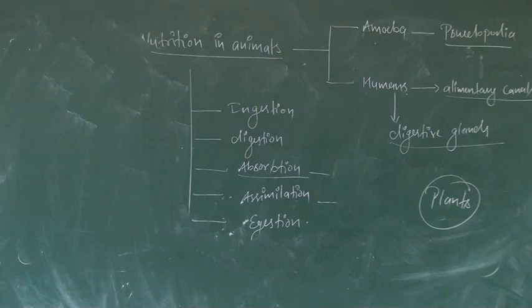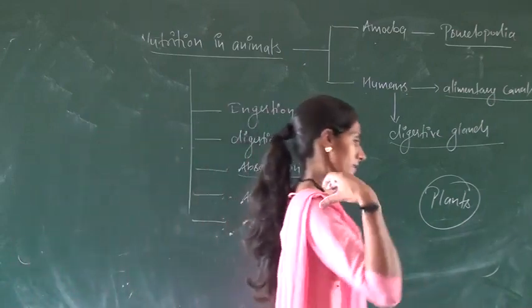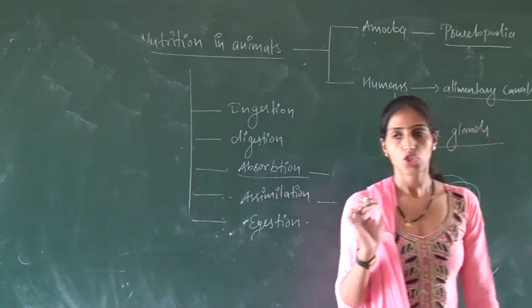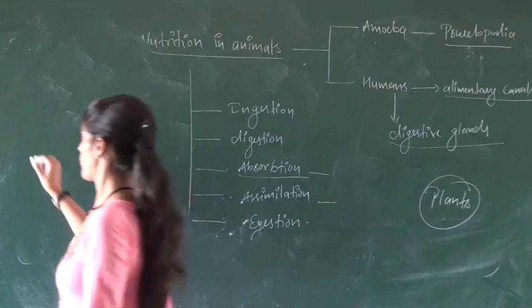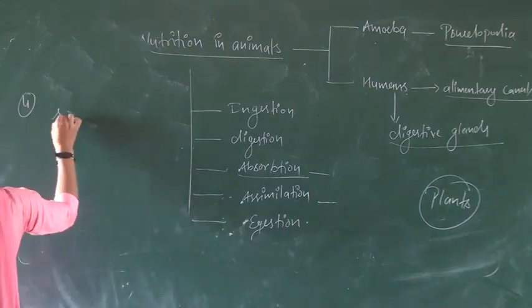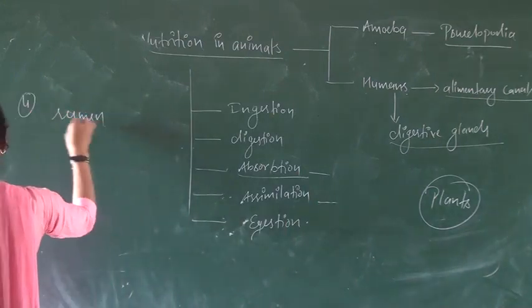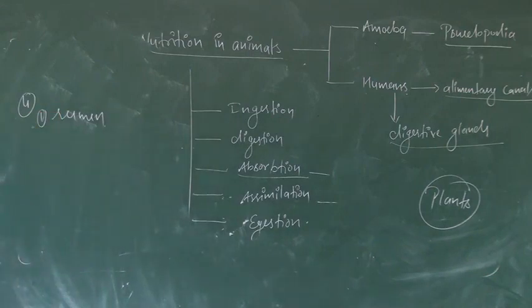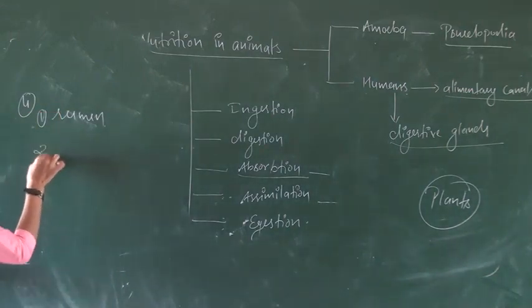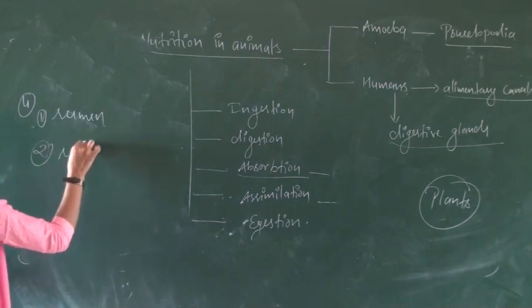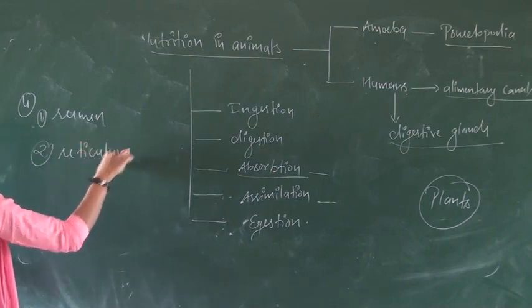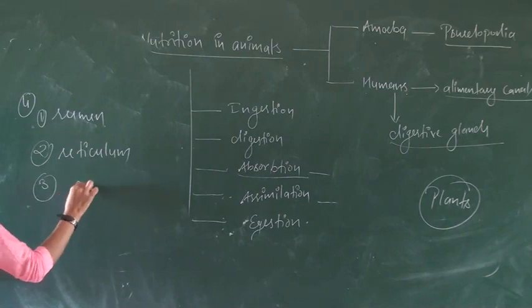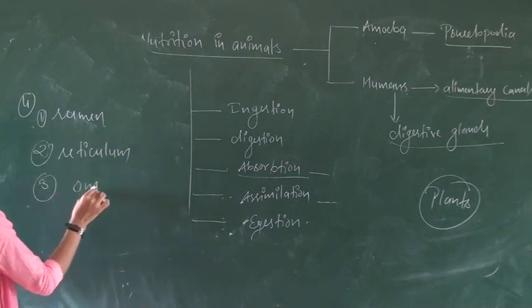There is a four-compartment stomach in ruminants. In ruminants, the stomach has mainly four compartments: rumen, reticulum, omasum and abomasum.